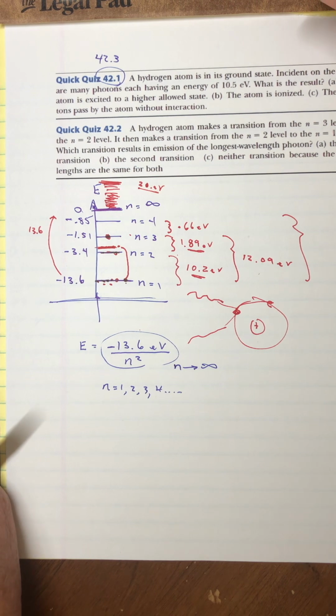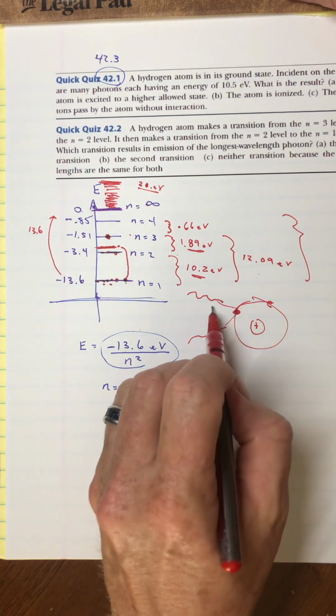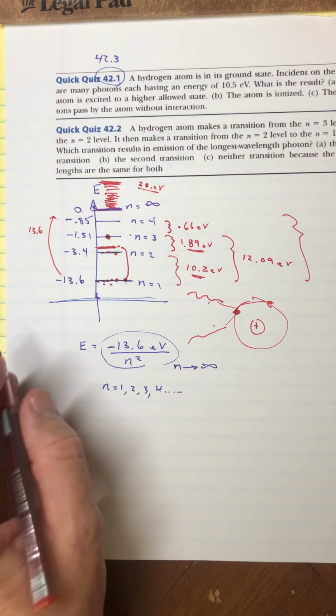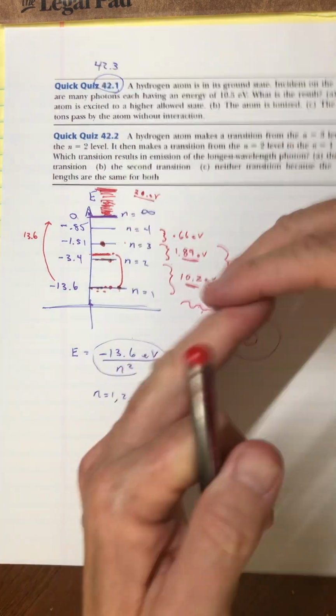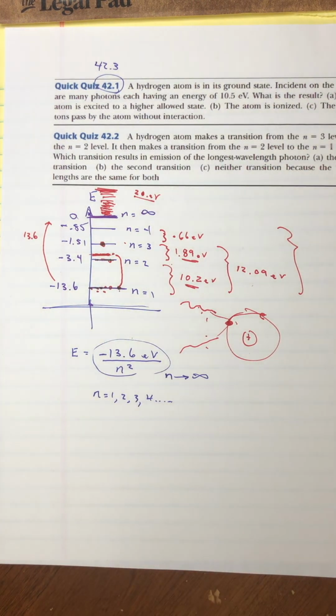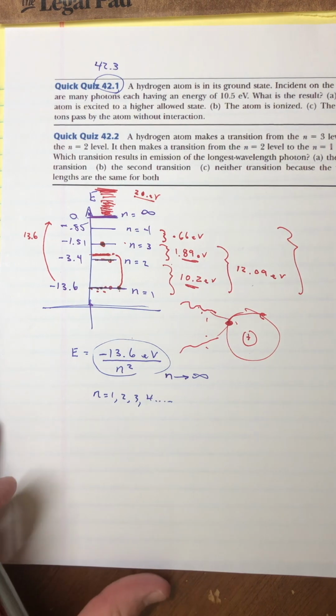So technically that could happen, but it is so rare. These electrons are really small. These photons are really small. And getting them to come together at exactly the same moment is extremely rare.